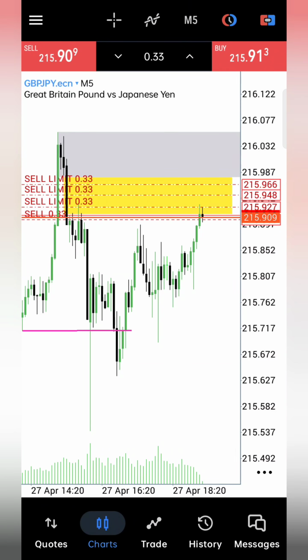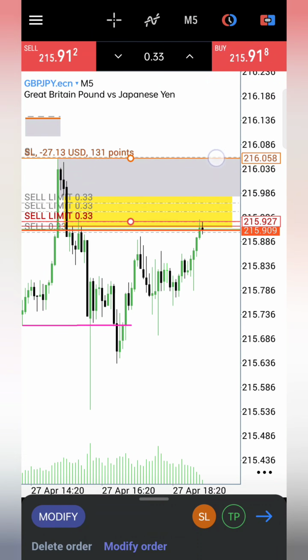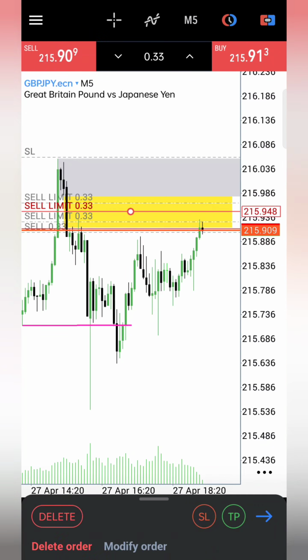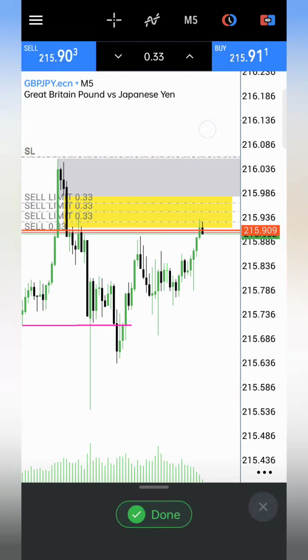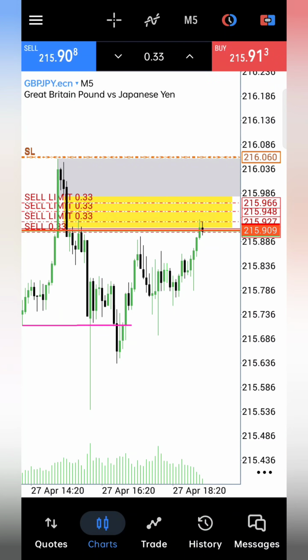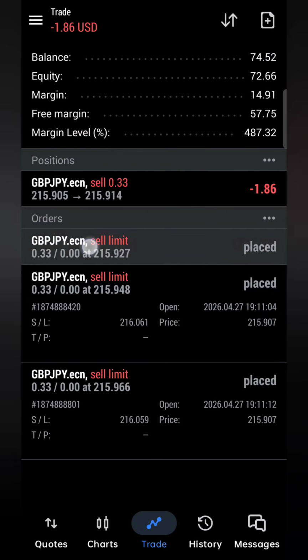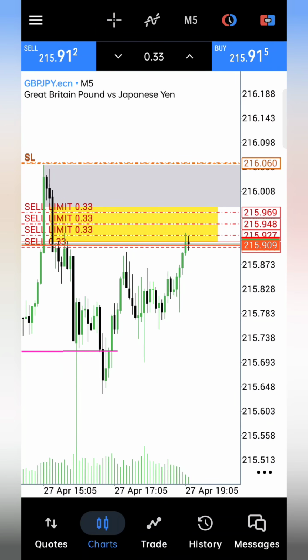And along with that, I'll place my stop losses just above this order block zone. Guys, as you can see, one of my orders has been executed, while the rest are still pending. Let's see what happens next.